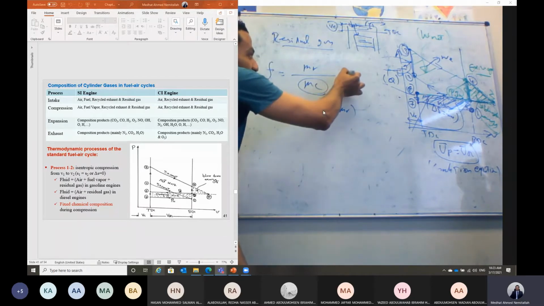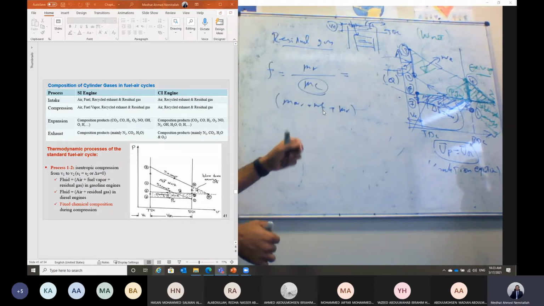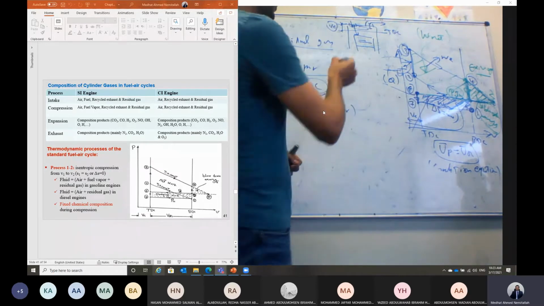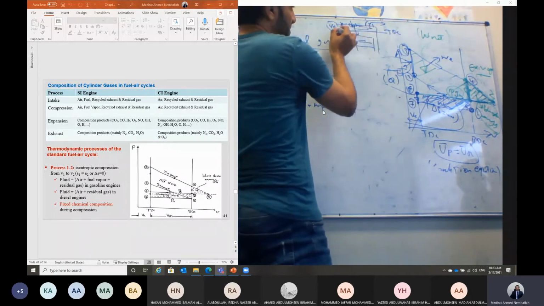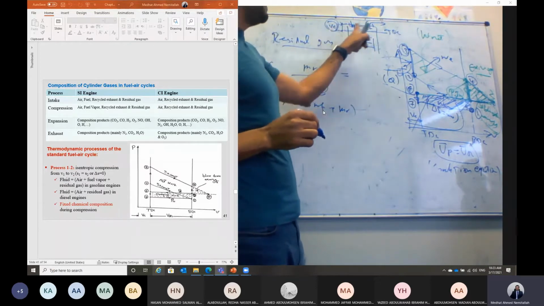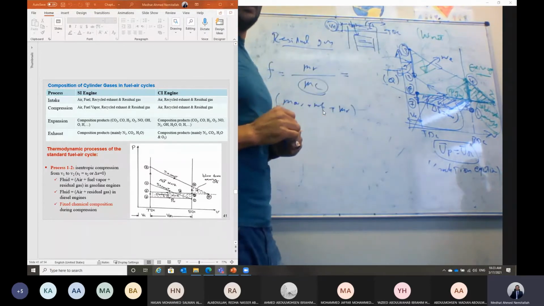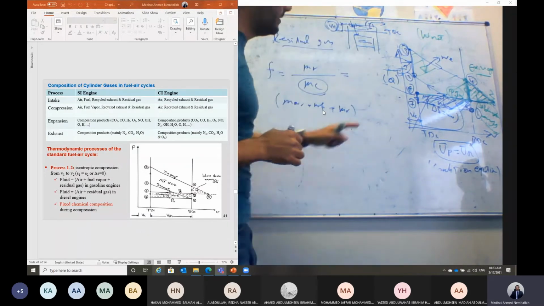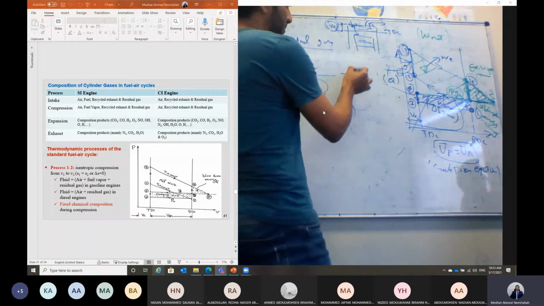The mass of the residual gas, we can define in terms of the volume of the gases. If you look here, we said this residual gas is just the remaining gases, and they occupy the clearance volume, the remaining gases from the previous cycle, and the volume of these gases is equal to the clearance volume, which is the volume of point number 2.